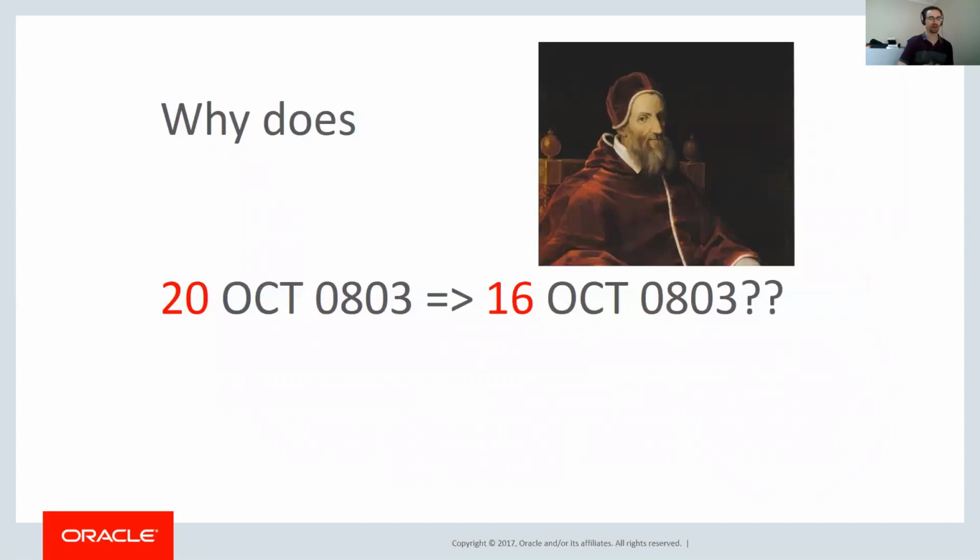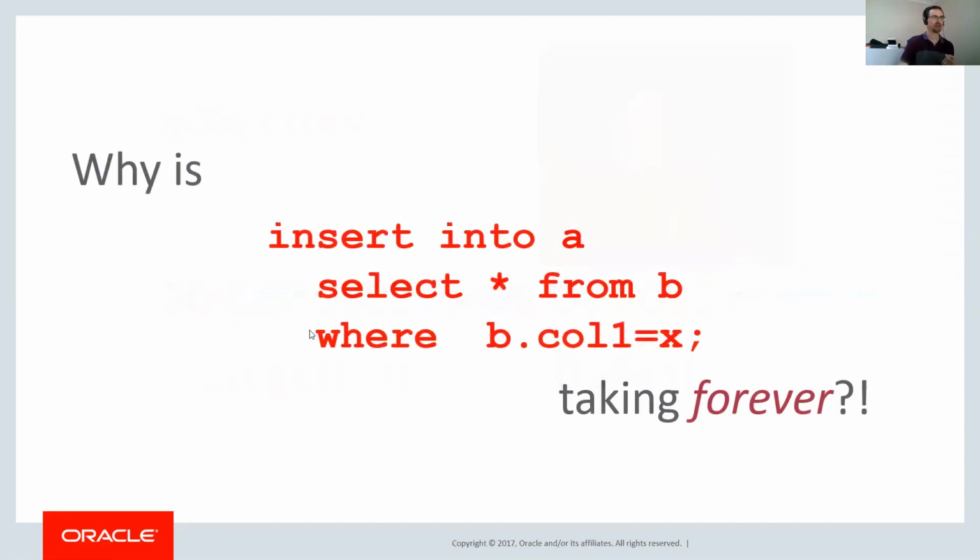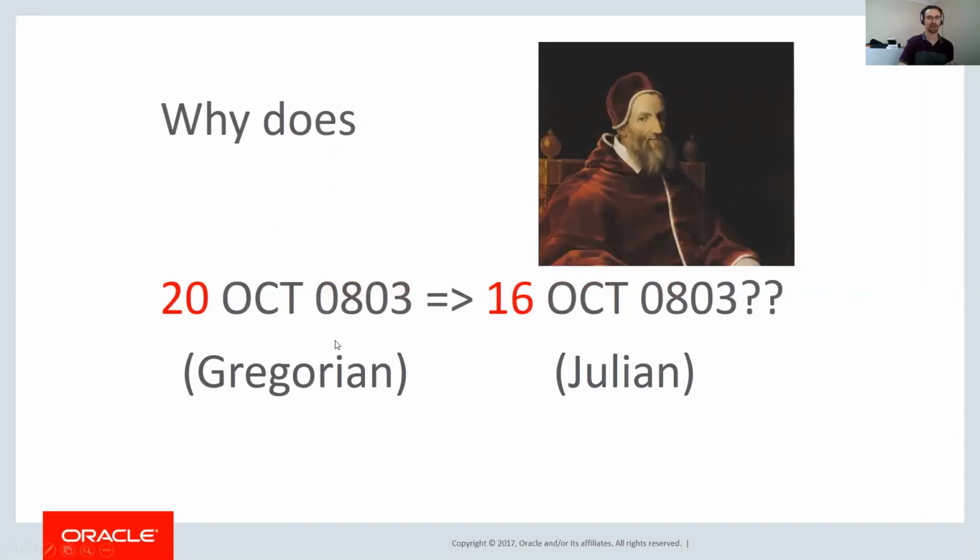But the other thing that happened was that in 1582 or so, 10 days were bypassed in the calendar. And so this explains the difference here. The date on the left is in the Gregorian calendar, and Oracle database uses the Gregorian calendar. The date on the right is the Julian date for that.